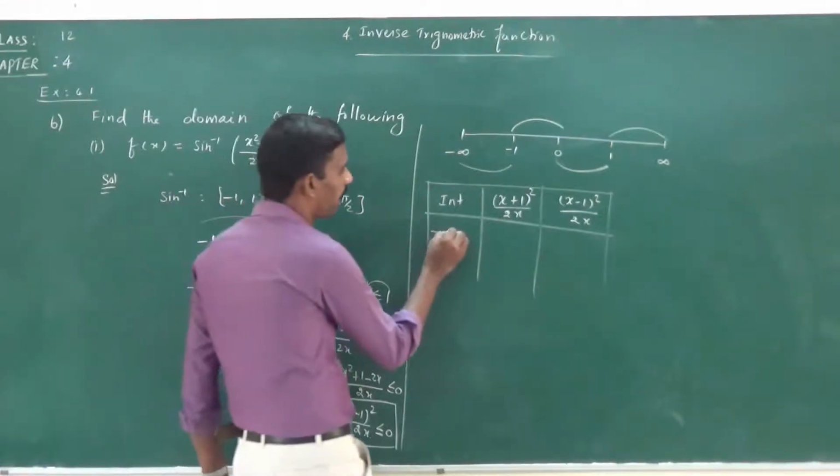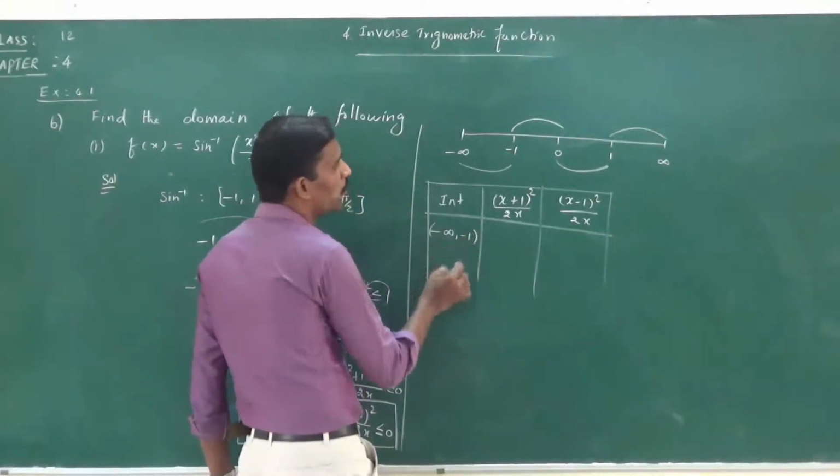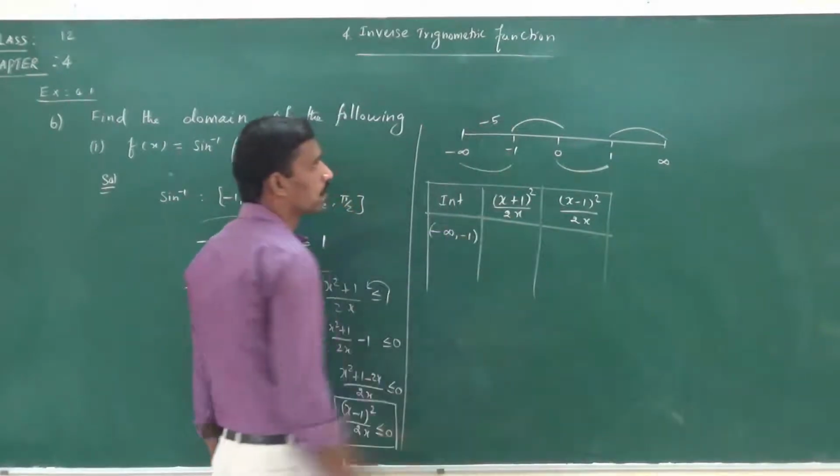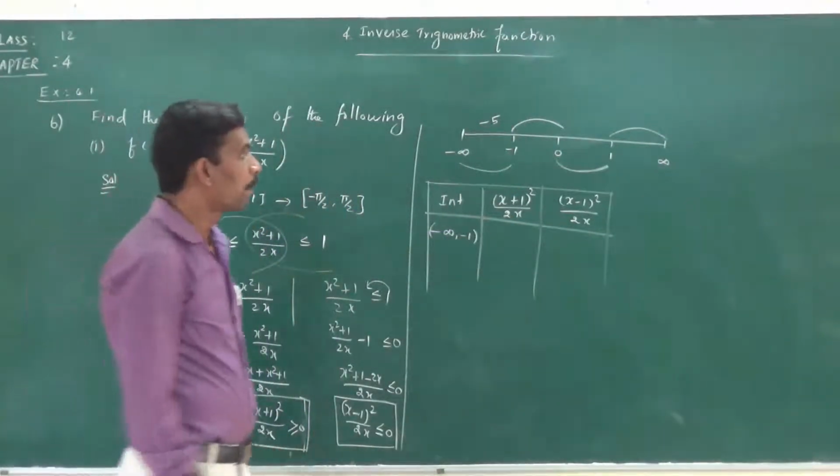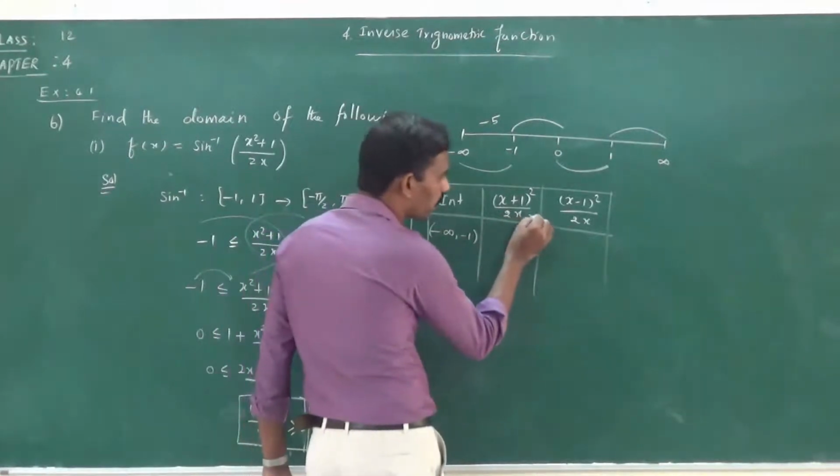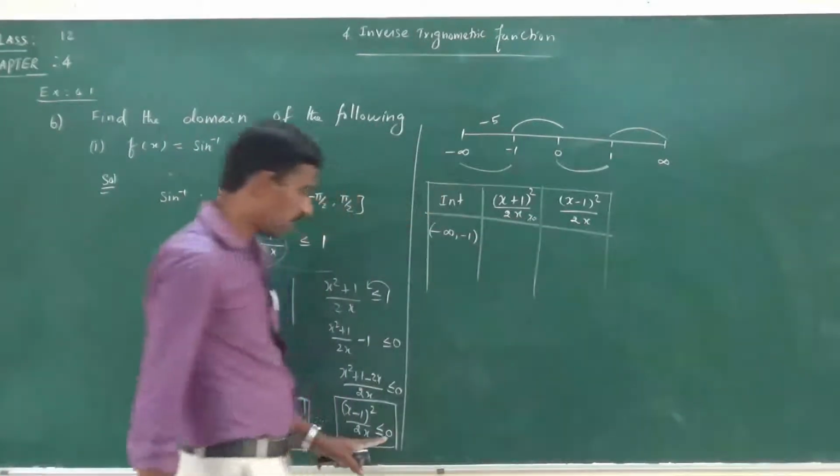Now in the interval minus infinity to minus 1, take any number, so I choose minus 5. This value has to be greater than or equal to 0 and this value has to be less than or equal to 0.